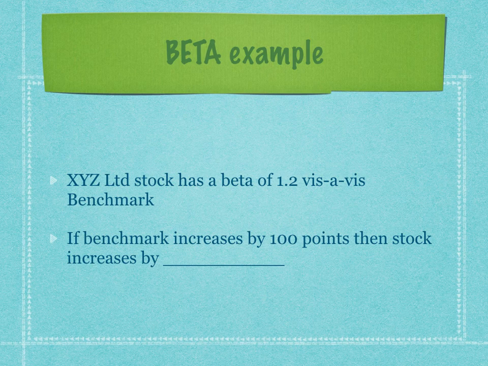A company called XYZ Limited has a beta of 1.2 vis-a-vis the benchmark. So therefore, if the benchmark increases by 100 points, then the stock increases by 120 rupees. Okay, look at the impact of that. So this means the price movement is so high.